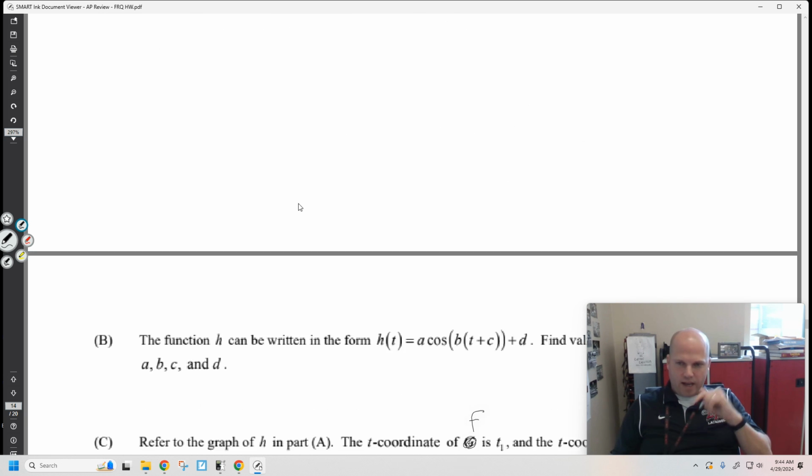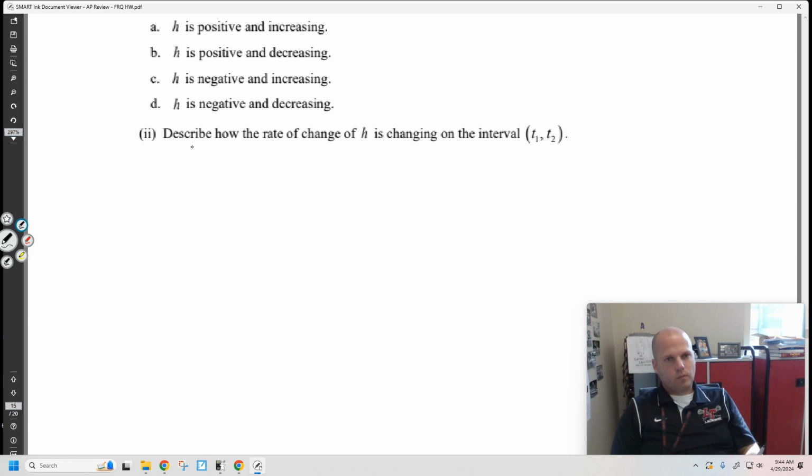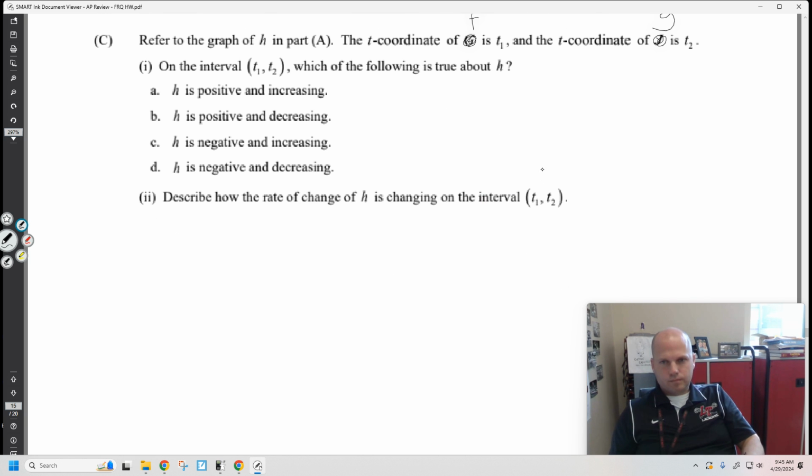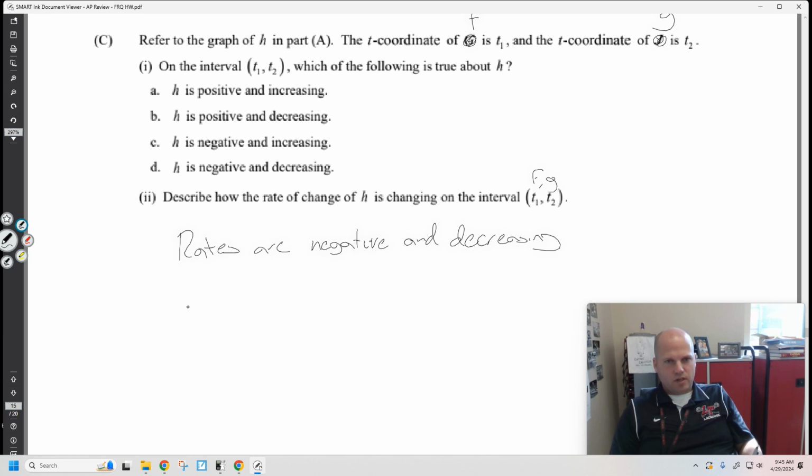The rates of change are negative and decreasing, because H is decreasing. Negative rates, decreasing, and concave down.